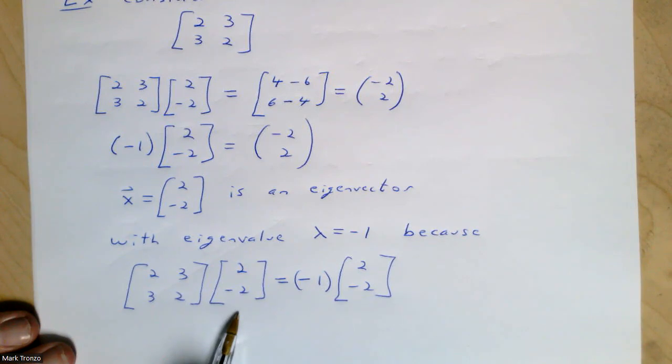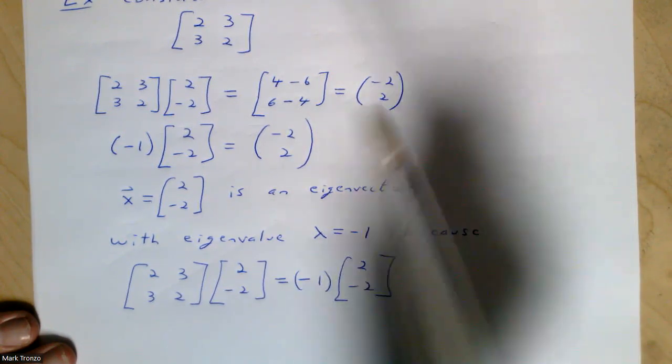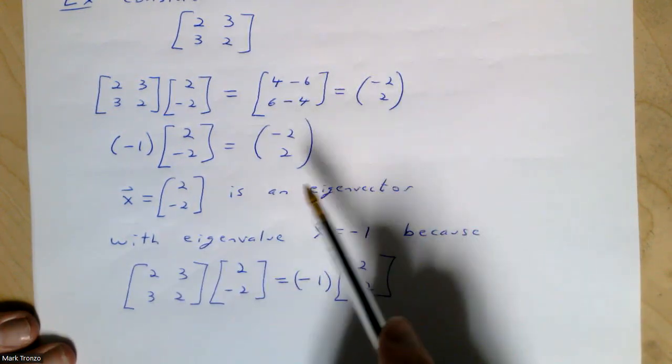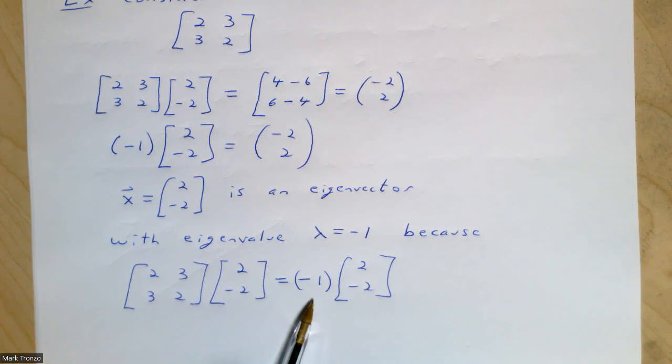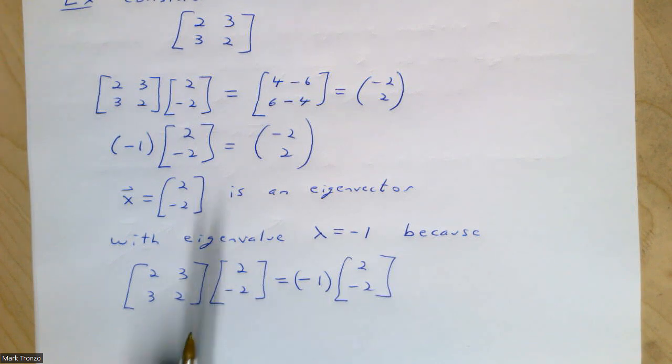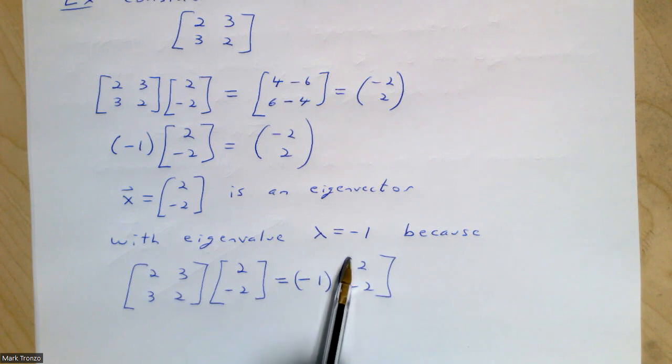When we multiply these together, we got -2, 2, and when we multiply these together, we got -2, 2. So this is an eigenvector associated with this eigenvalue. Again, every eigenvalue is associated with an eigenvector. Sometimes the eigenvalue can be 0, but the eigenvector can never be 0.